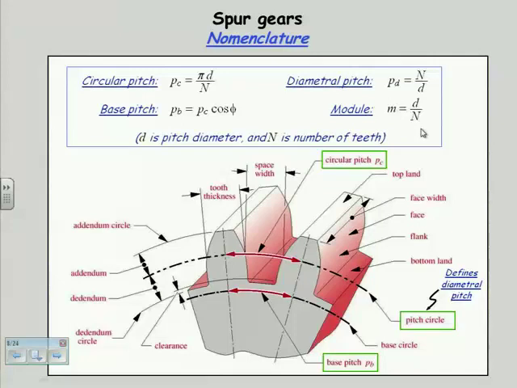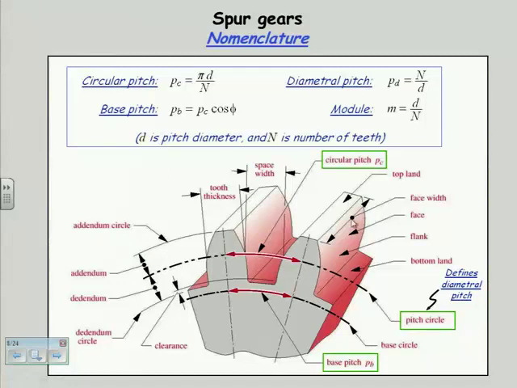They turned it right side up, so it's D over N, and they call it the module, and that's measured in millimeters. This diametral pitch is reciprocal inches, it's 1 over inches. So you have to keep that in mind when you look at the numbers for diametral pitch. I'll show you a table of them in a minute for standard numbers. But it's inverse, so the bigger numbers are smaller teeth. A large number of diametral pitch means a small tooth and vice versa.